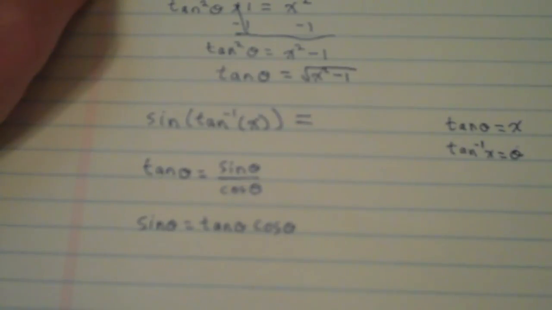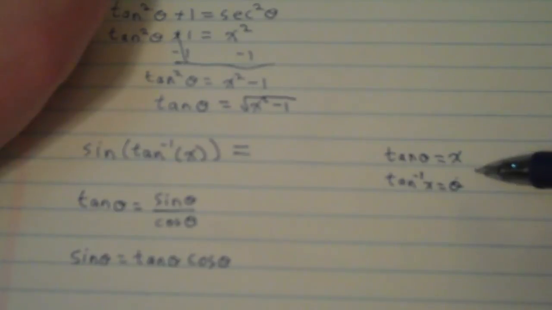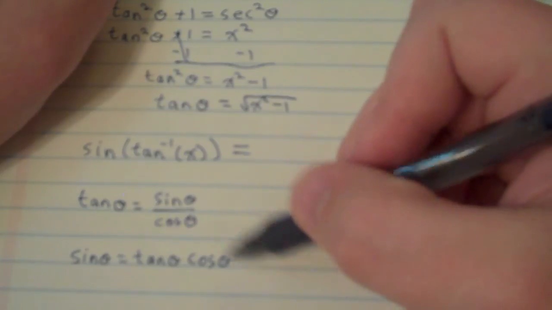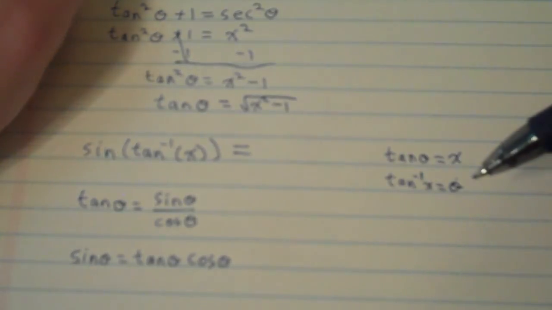Alright, now comes the annoying part about this particular question. I only know what tangent equals. I know that the tangent of theta is x, so I know that that's x. I need to get cosine in terms of tangent, which to do that I'm going to have to use a Pythagorean identity, more specifically the same one we used above.